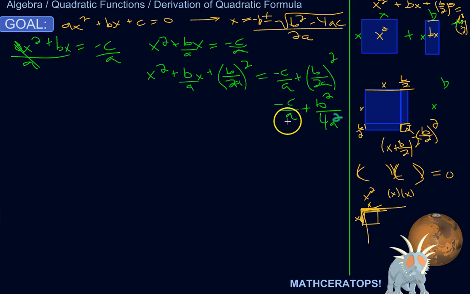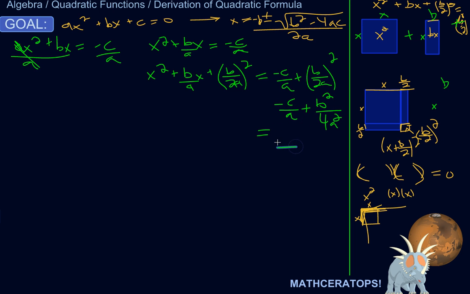And then we can actually get common denominators here. We want to add these fractions. The common denominator here would be 4a squared, so I can just multiply this guy by 4a to make it into 4a squared, because 4a times a would be 4a squared.